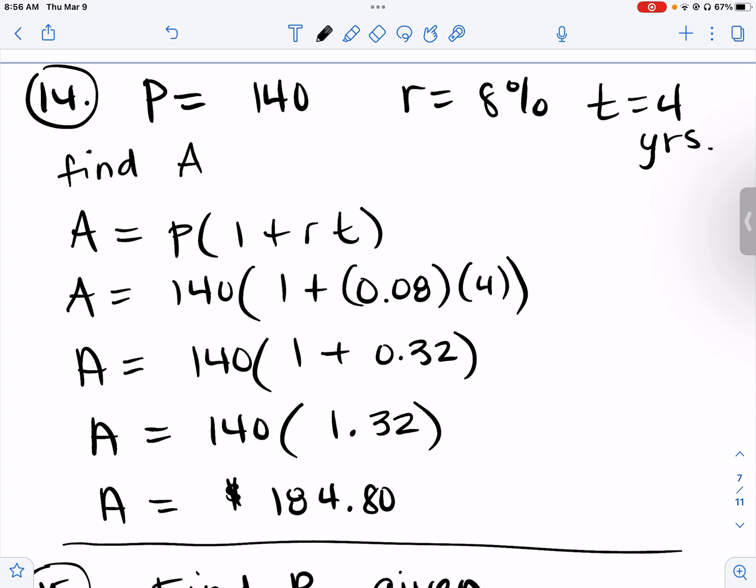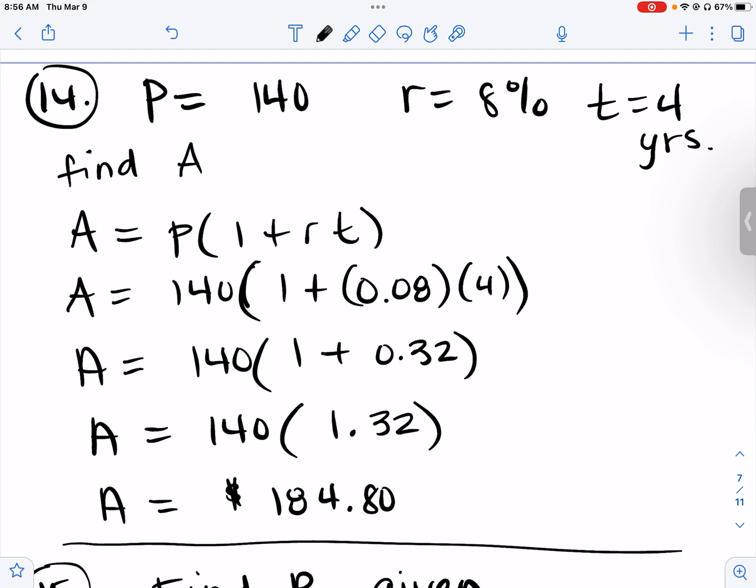Number 14, if P is 140, R is 8%, T is 4 years, find A. So we're going to use A equals P parentheses 1 plus RT close parentheses. 140 goes in for P. 8% changes to 0.08 for R. And T equals 4.